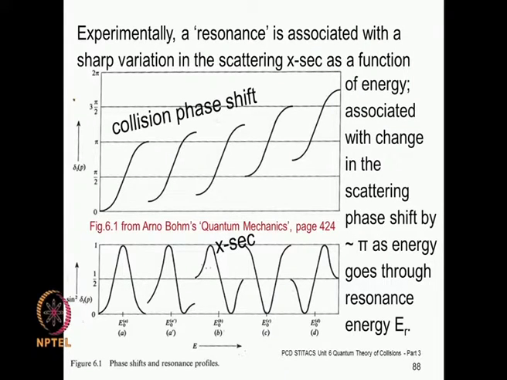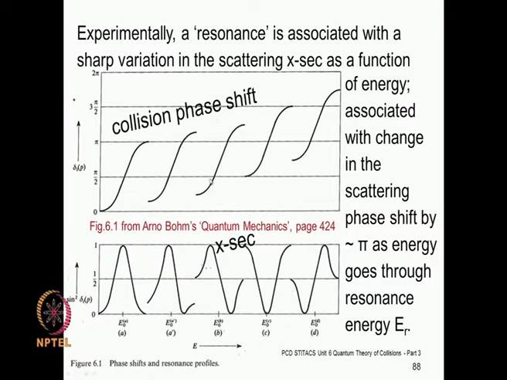So, here is an example of the phase shift. Here in each case there are various figures, and this is also from Arno Bohm's book. So, here you have the phase shift changing through pi in all of these 5 figures, okay. But the starting phase shift is 0 only for the first curve, for the second it is somewhat different, for the third again it is somewhat different, for the fourth it is different, and for the fifth it is different.